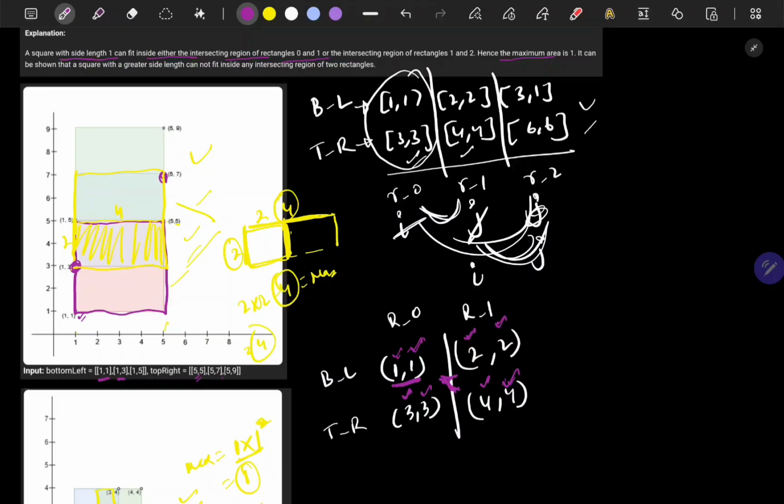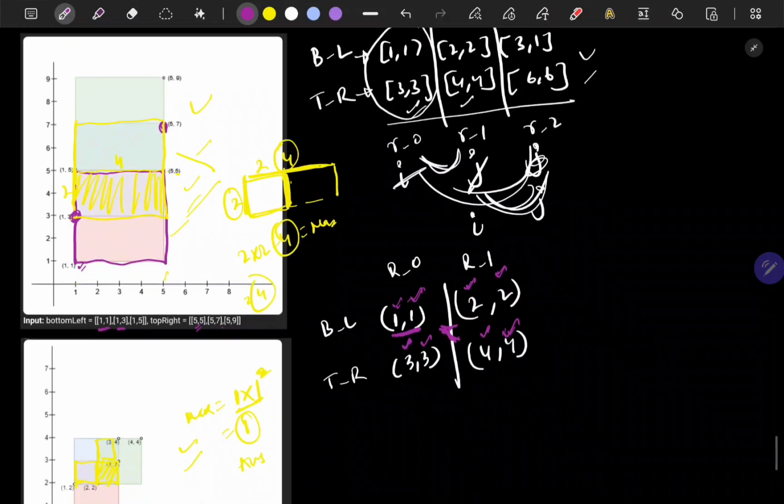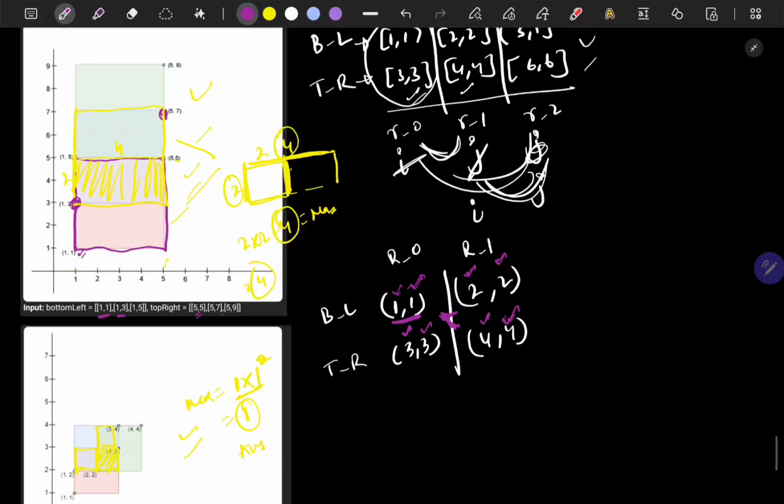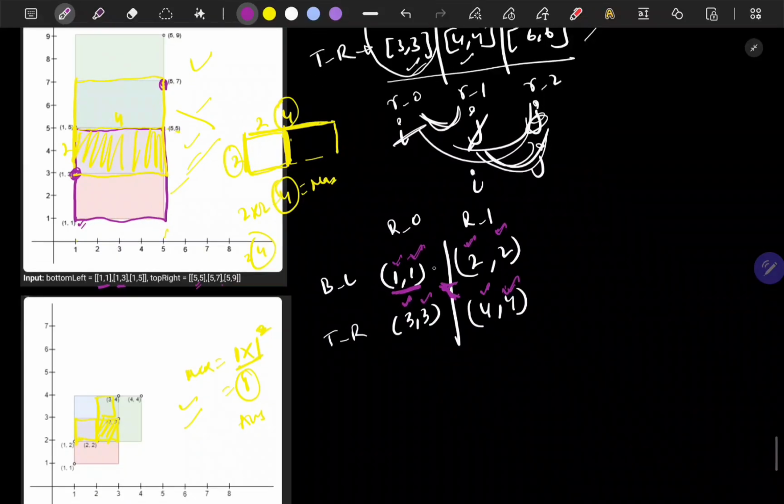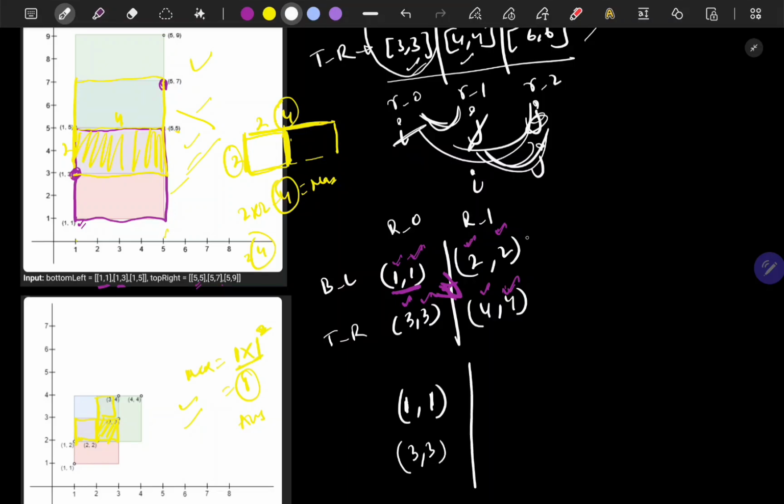But if any case is greater, if these are not lesser, let's say any one is greater, then what happens? If it's 1 1 3 3, but we change it to 4 2 4 4, now this x becomes greater than this one.